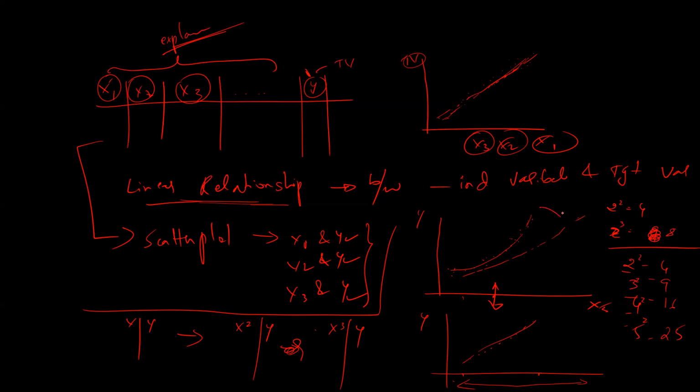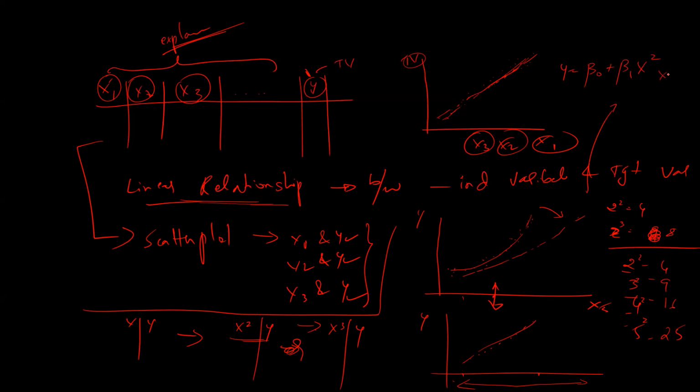So this is the transformation we are looking at. If x square and y doesn't work, you can try x cube and y or higher dimension. So ultimately, once you do the transformation, your equation for linear regression will look like y equal to beta 0 plus beta 1 into x square.